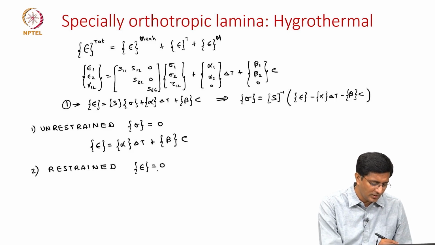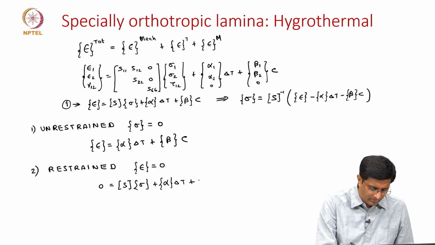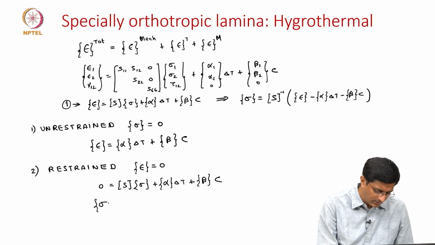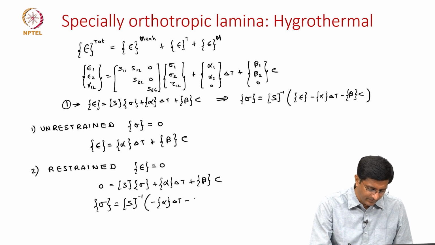So if I plug this into equation 1 again, it should give null vector equals S, the compliance matrix, times the stresses plus alpha delta T plus beta C. And if I now write it in terms of stresses, it should be S inverse times minus alpha delta T minus beta C.